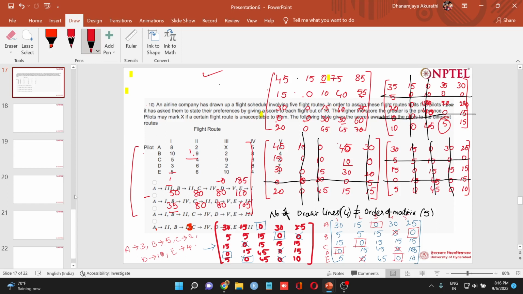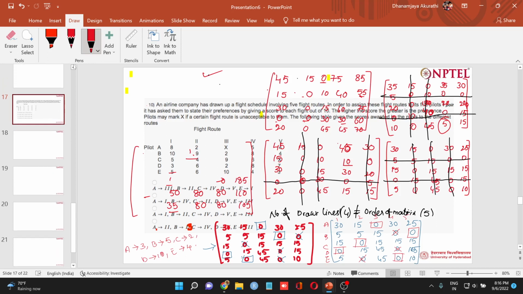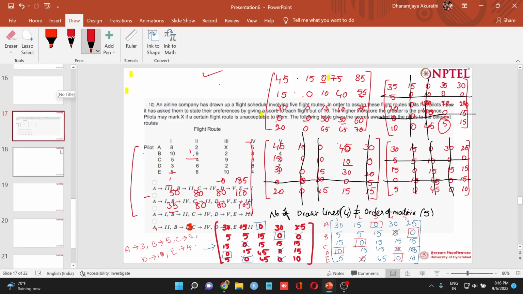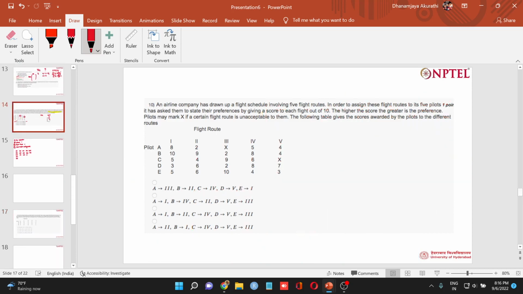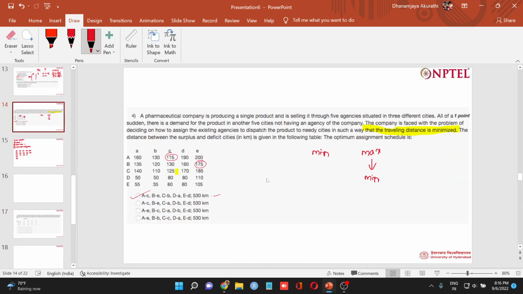It's not visible, but I can tell you in short theory. If the assignment problem is of maximization type, then to convert it into minimization type, just multiply each element by -1. That is one way.